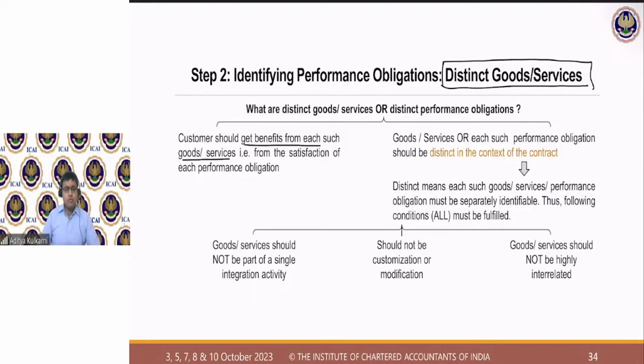Let me take you through an example. Suppose you are a hotel. Let us suppose you are Taj Hotel, and you are in the food and beverage business. So Taj will have contracts with vegetable vendors and fruit suppliers and grocery suppliers because it has to cater to the food culinary requirements of its customers.